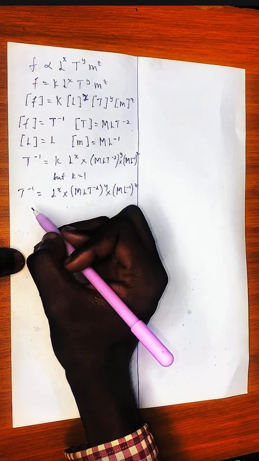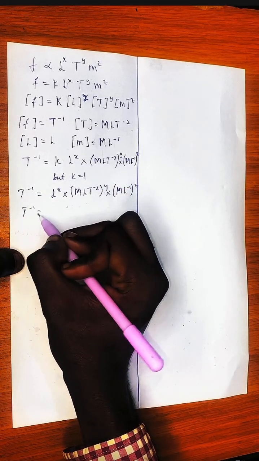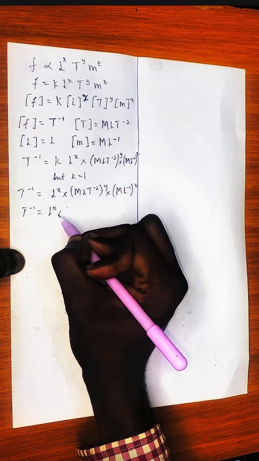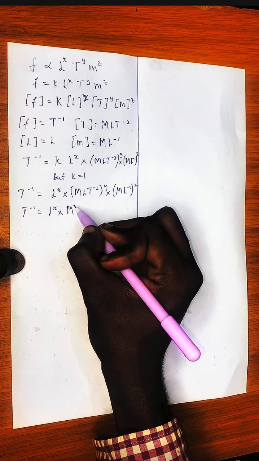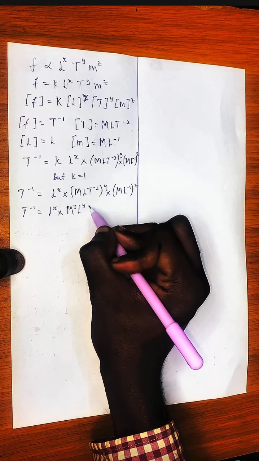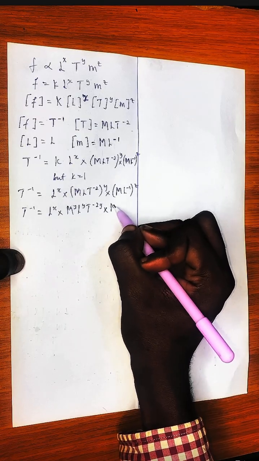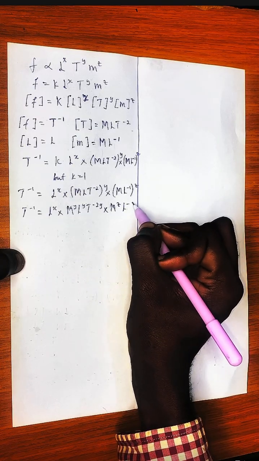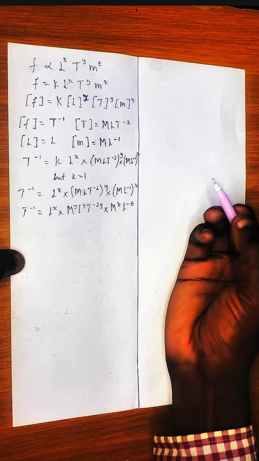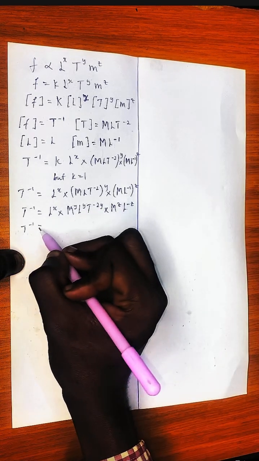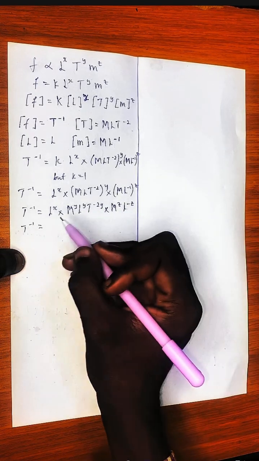So we could expand this, times M to the power y, L to the power y, and T to the power -2y times M to the power z and L to the power -z. So we can collect our like terms.